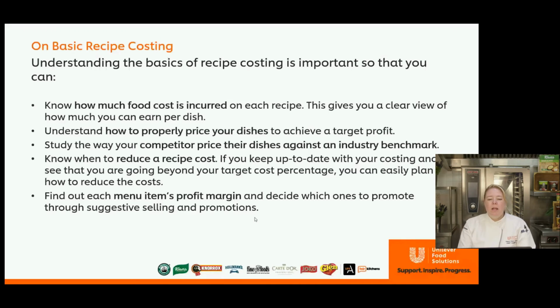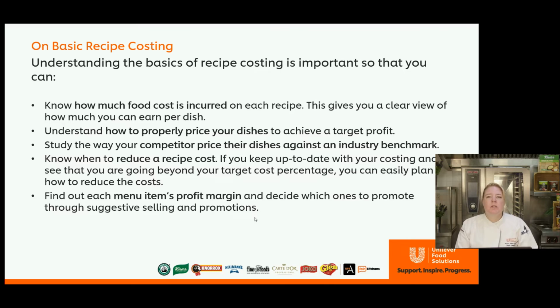And then how to find out each menu item's profit margin, and decide which ones to promote through suggestive selling and promotions. This can be good for two things. If you've got a specific menu item where your food cost percentage is very low, that means it's very good for you, and you're making a little bit more profit off it.